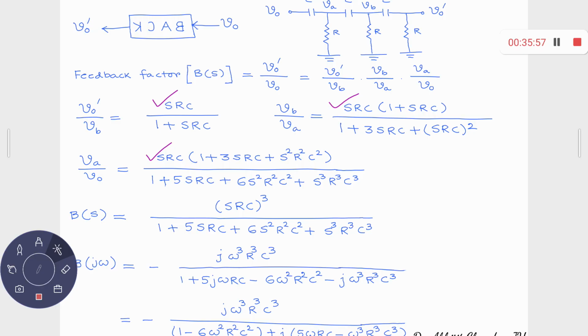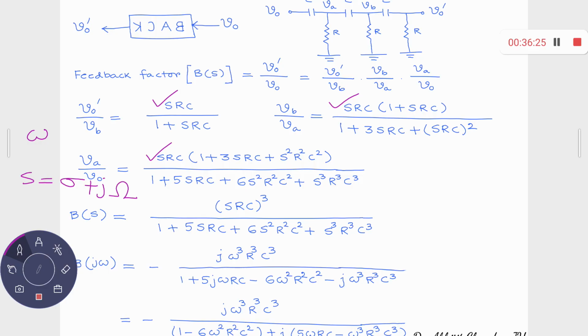You know that S is equal to sigma plus j omega. Typically, you should write capital omega, that is the analog frequency, and this small omega is the digital frequency. Here we have used small omega. You will understand the difference between the analog frequency and the digital frequency in subsequent courses.